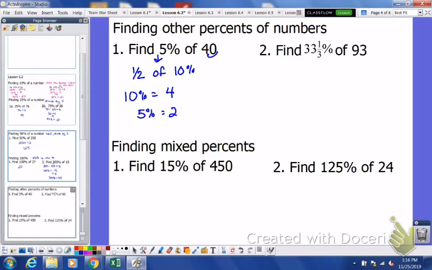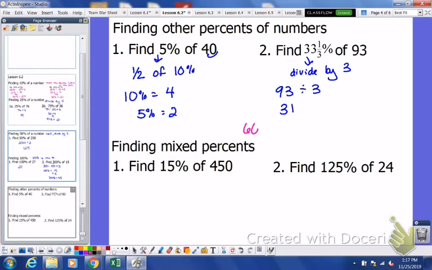Okay, so now find 33 1/3% of 93. 33 1/3% is the same as 1/3, so we divide by 3. So 93 divided by 3 gives us the answer of 31. And then just make a side note here.